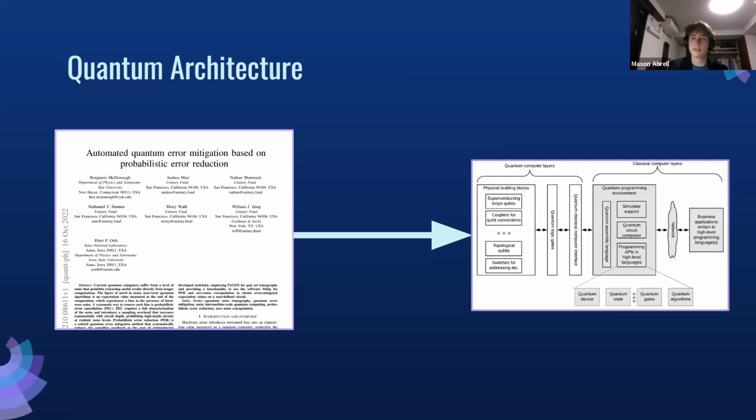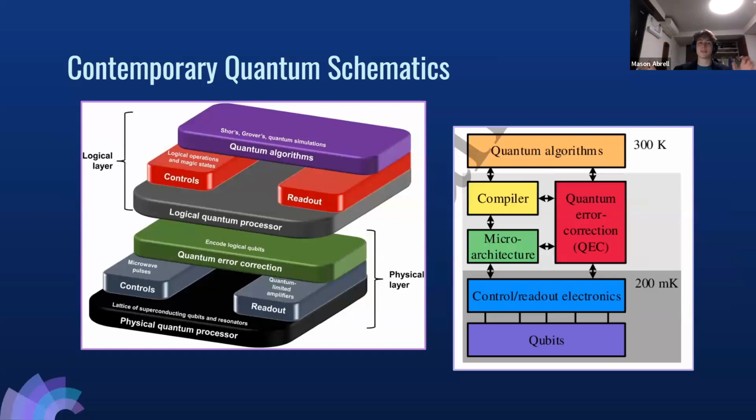But moving on, let's just do a quick overview of what a modern quantum computer looks like and how it's structured. If you look at these schematics, you can see at the top level we have quantum algorithms. That's what the user is inputting, what commands they're putting in. For example, they might be using Shor's or Grover's algorithms, or doing some quantum simulations to find lowest energy states.